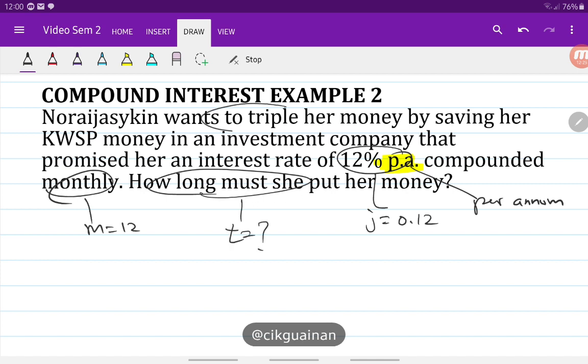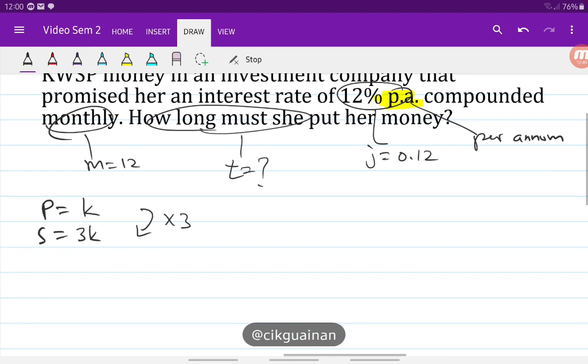She wants to triple her money. So the P and S we don't know, but what we know is that the S will become triple of the P. So if the P is K, then the S will be 3K. We can put this in the formula.